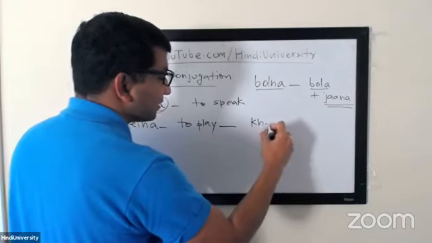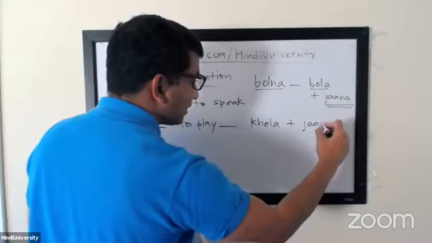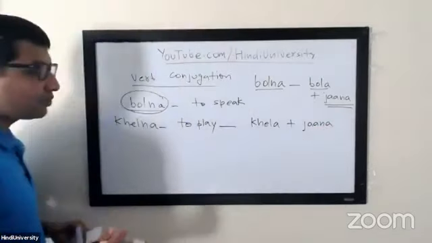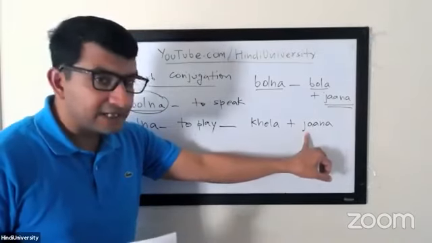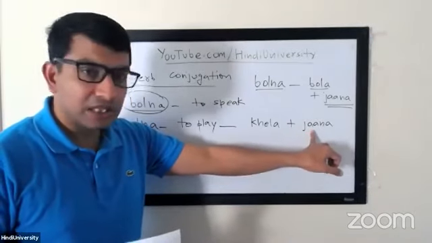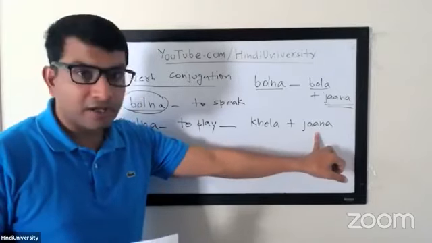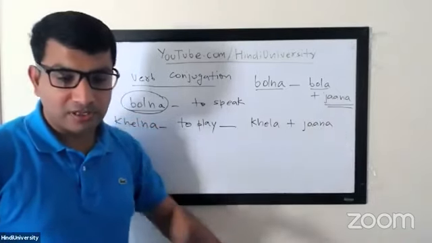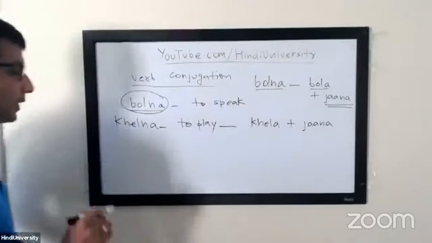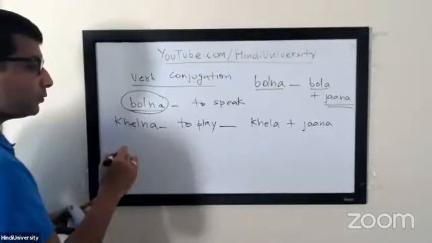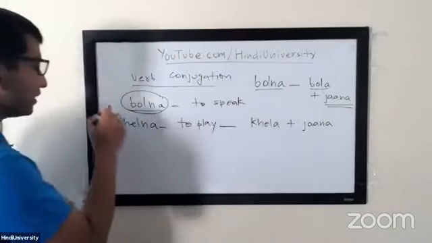Khela plus jana. Very good. However you want to say it, in present indefinite it will be jata, jati, and jate. For present continuous, as you know, it's ja raha, ja rahi, and ja rahe. We'll learn all of those soon. Right now, let's just master the word conjugation. So bolna becomes bola plus jana.